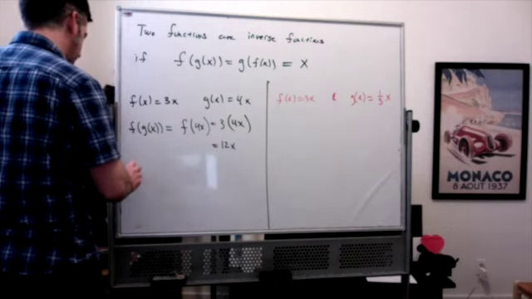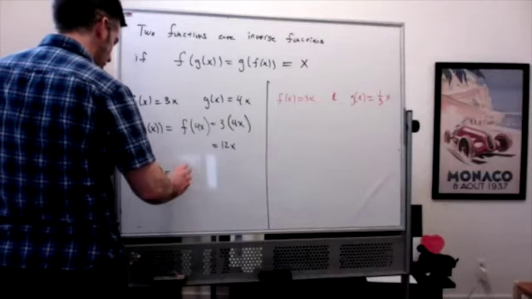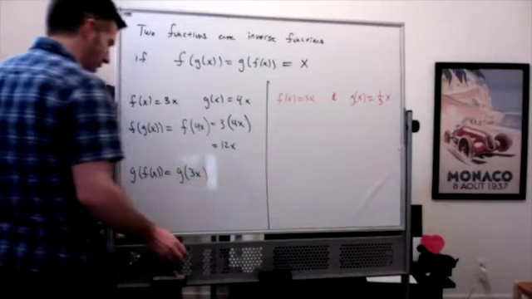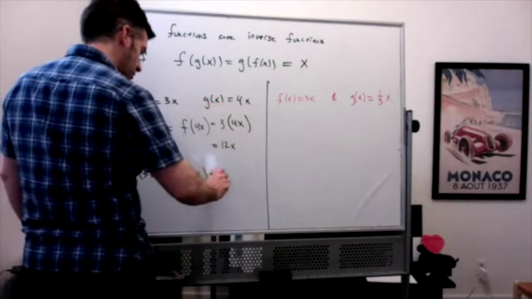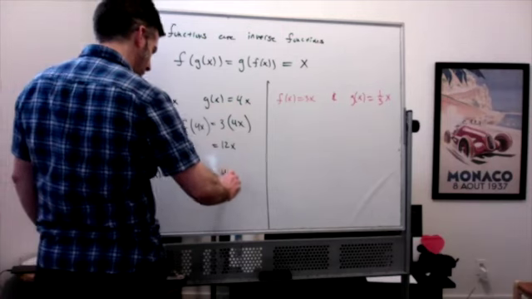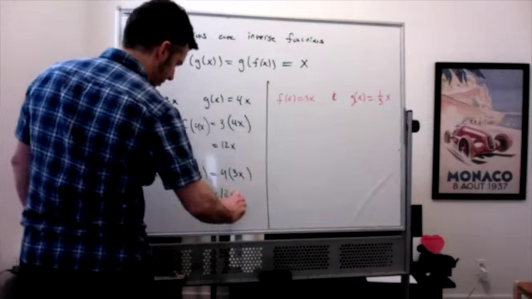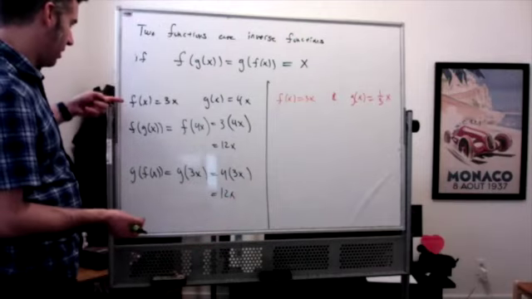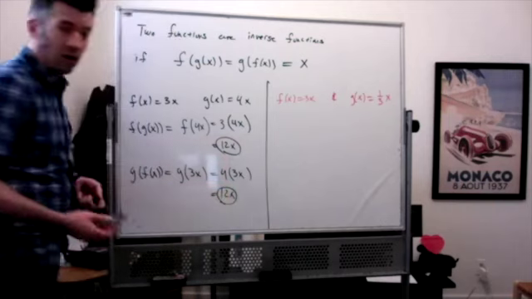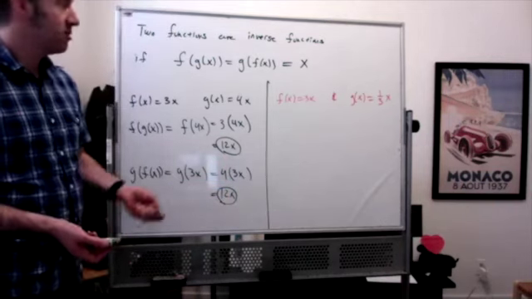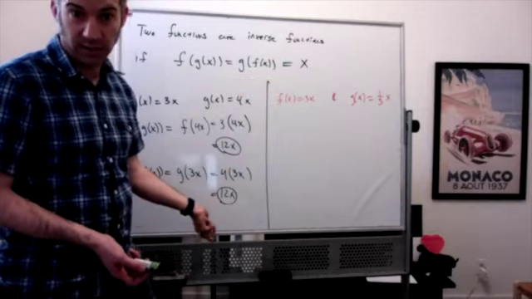But this is one that is. g of f of x is g of 3x, and g of stuff is 4 times stuff, so g of 3x is 4 times 3x, which is also 12x. So here's what I meant. f of g of x and g of f of x are both the same, but they're not equal to x. So they're not inverses.